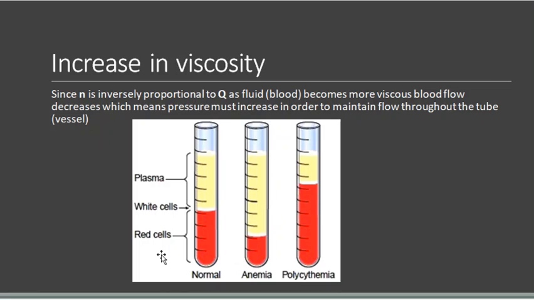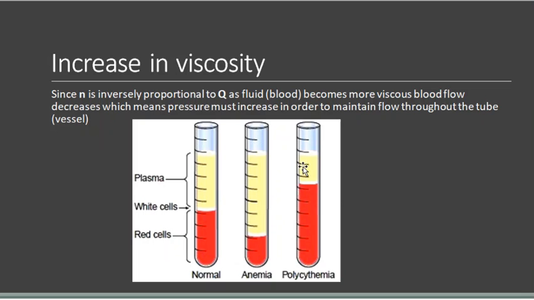In our example today, we're going to be using blood doping. If you don't know what blood doping is, it's basically injecting your body with a chemical that will tell your body to make more red blood cells. Someone who is blood doping would have blood that looks like this. They would be polycythemic, and you can see the red blood cells are a lot more than the plasma.